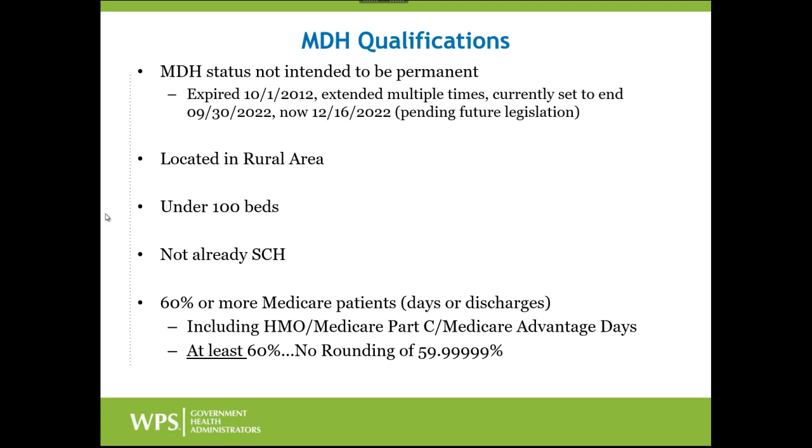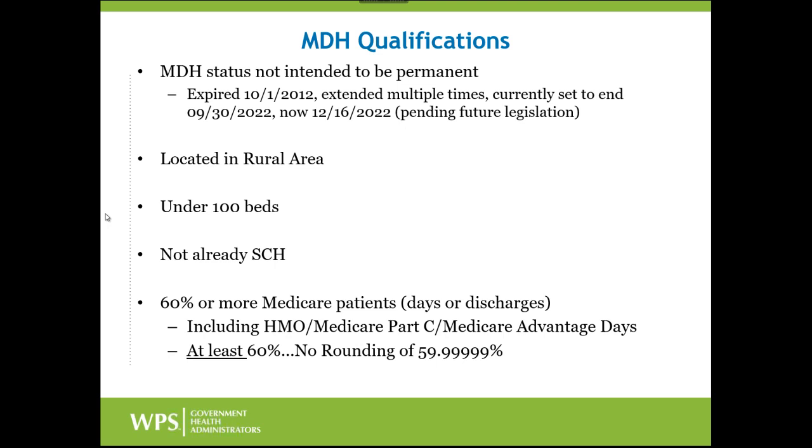So 60% of your total patients' days must be Medicare patient days, or 60% of your total patient discharges must be Medicare patient discharges. Now, this does include the Medicare Advantage days, also known as HMO or Medicare Part C. The other important thing to note about this is that the regulation requires that it's at least 60%.